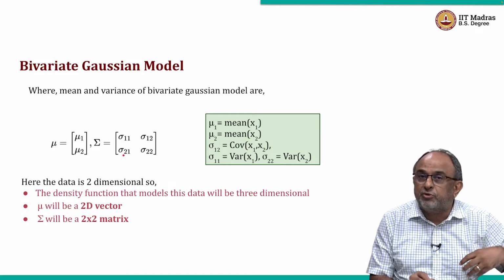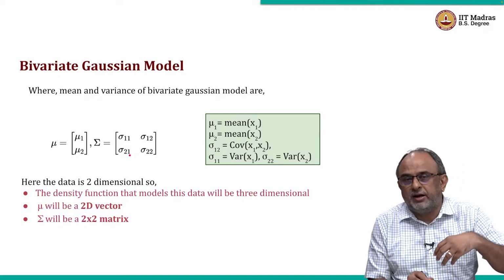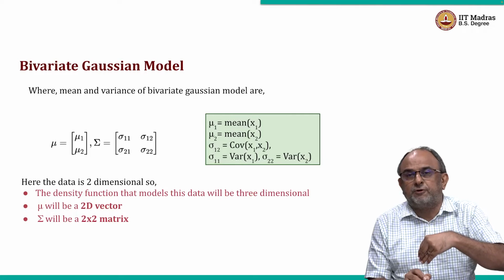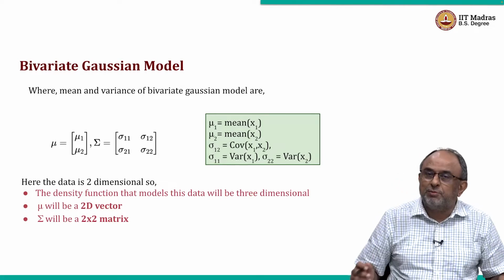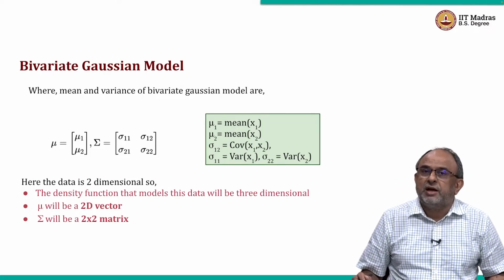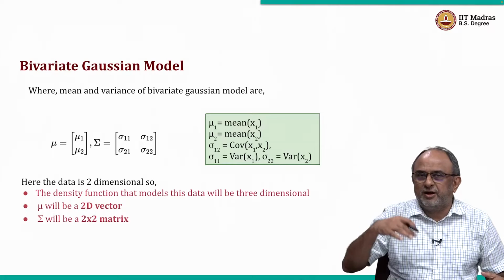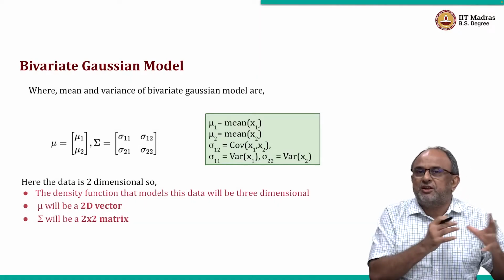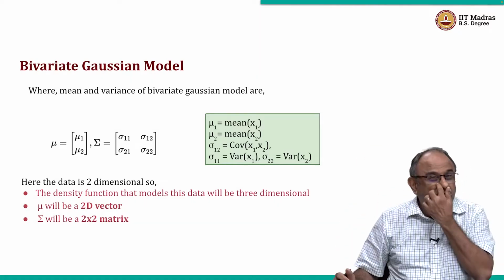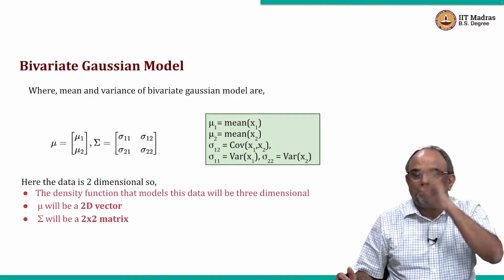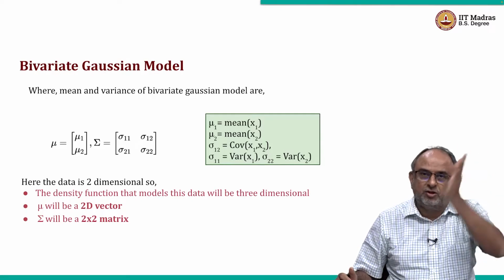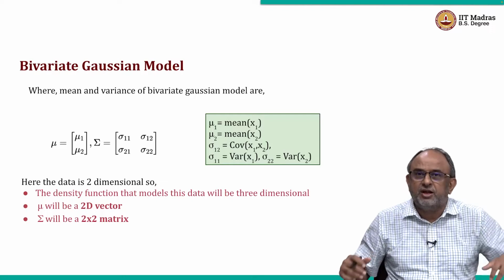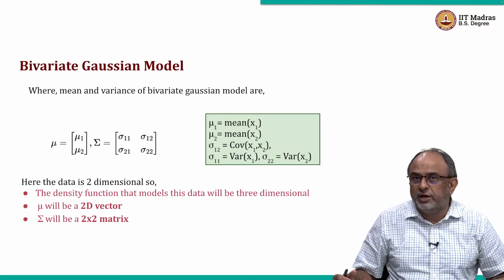Sigma 21 is how weight is related to height, and sigma 31 is how chest size is related to height. So there will be some correlation between them also. Because it is a symmetric matrix, chest size versus height and height versus chest size are symmetric. Therefore, we need only the lower or the upper part of the matrix along with the diagonal. So the parameter count keeps going up.